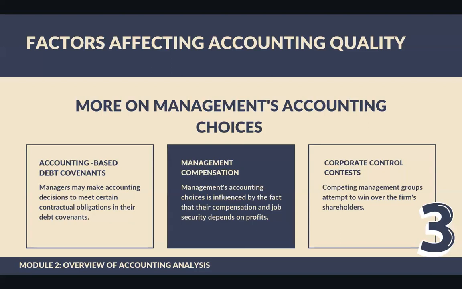So competing management groups will favor the accounting policies based on what they feel would be in the best interest of the firm. And because they would like to win over the firm's stakeholders, they have the incentive to align their quest for corporate control with how they choose their accounting policies.